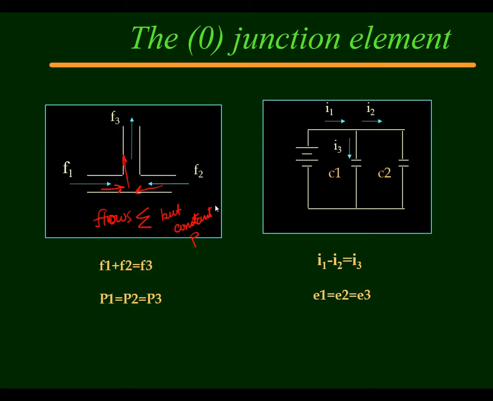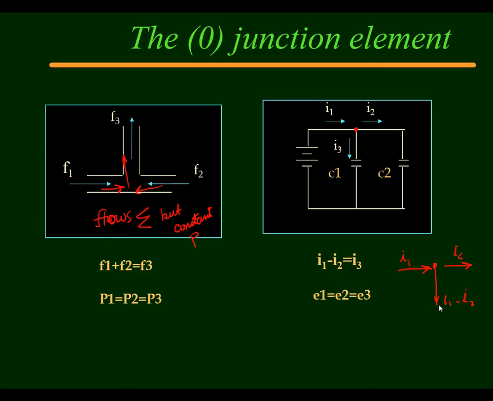And on the other hand, on the right-hand side over here, you can see this node. Let me just draw it separately. Here you have I1, I2 continues like that, but this one is I1 minus I sub 2.